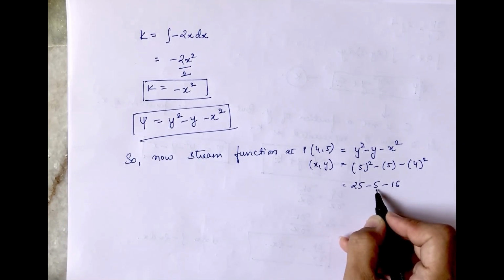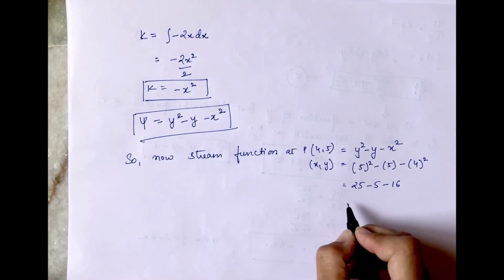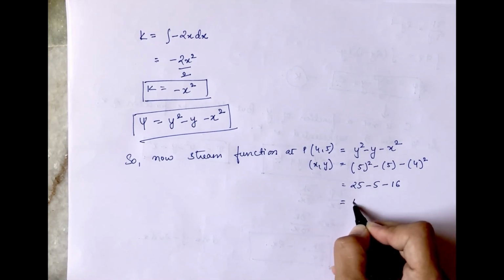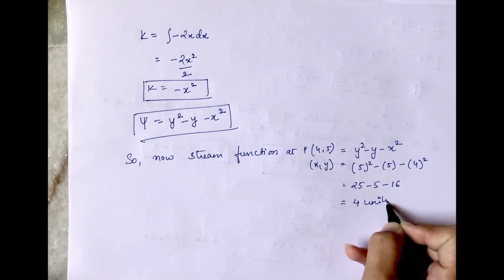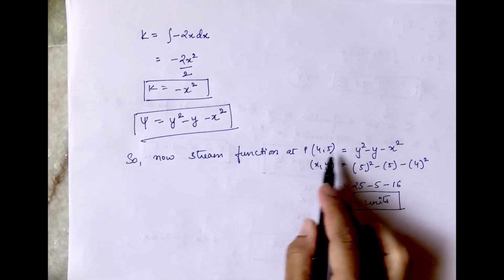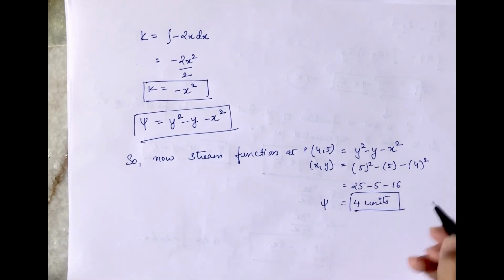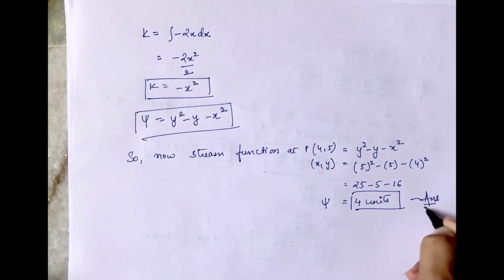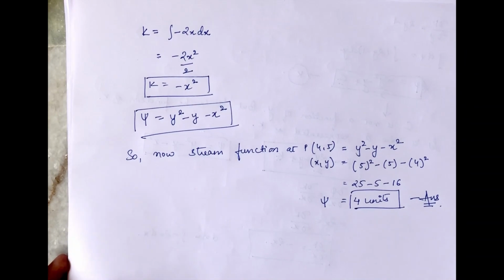So 25 minus 5 is 20, 20 minus 16 is equal to 4 units. So the value of stream function psi at point (4, 5) is 4 units. So this is the answer.